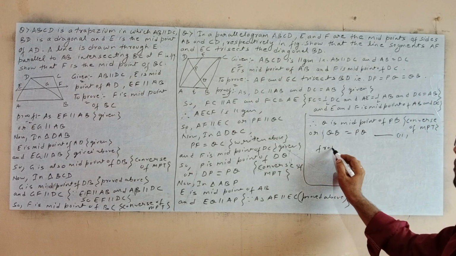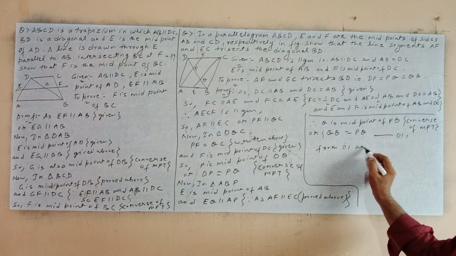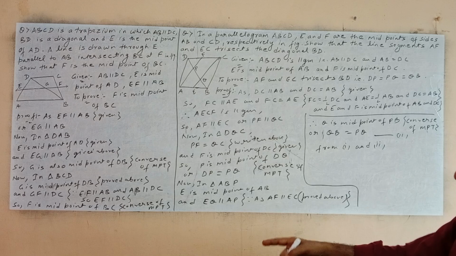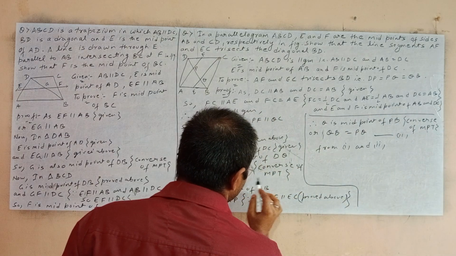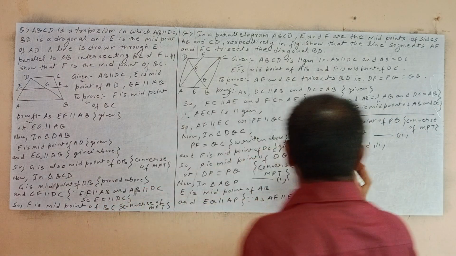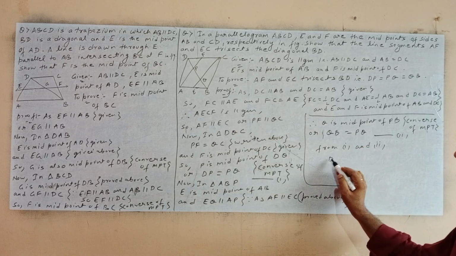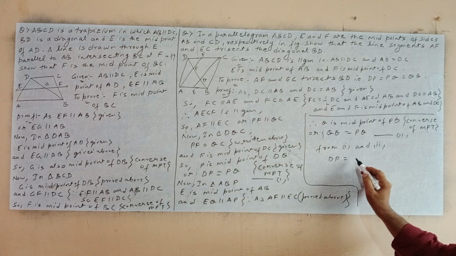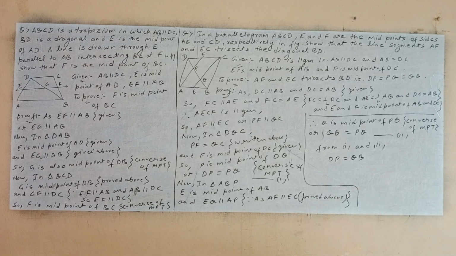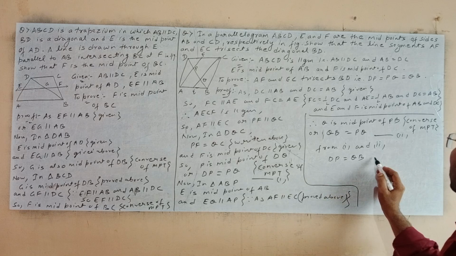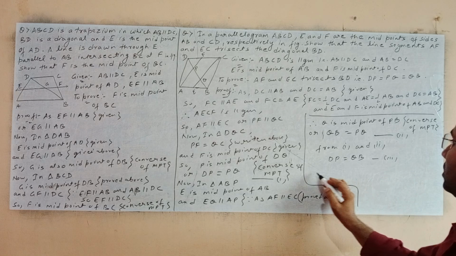Now from first and second, see, this is the first one and this is the second one. DP is equal to PQ is equal to QB. So DP is equal to QB. Now take it as third.